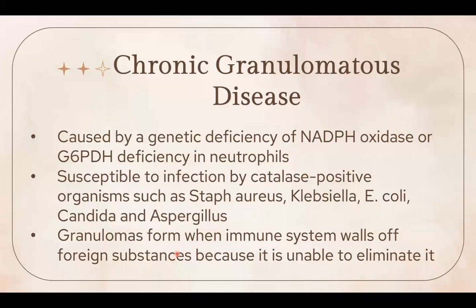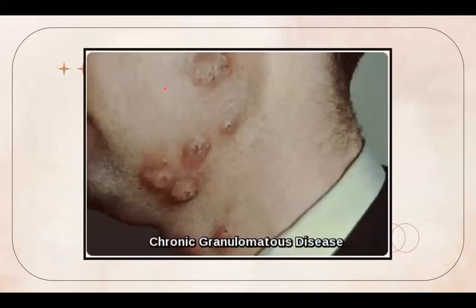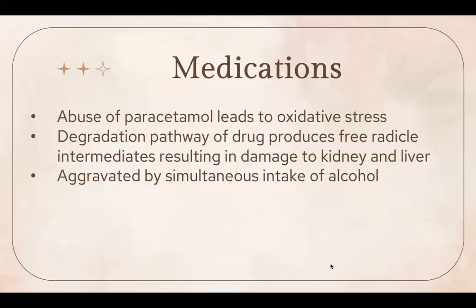It builds a wall, or a granuloma, around it to contain the bacteria, the neutrophil containing bacteria, inside that walled off structure. So this is what it looks like, really. This is a granuloma. This is what you can see from the outside. As you can see, it's excessive. It's just a walled off structure, basically. It probably contains pus, neutrophils, all nasty stuff.